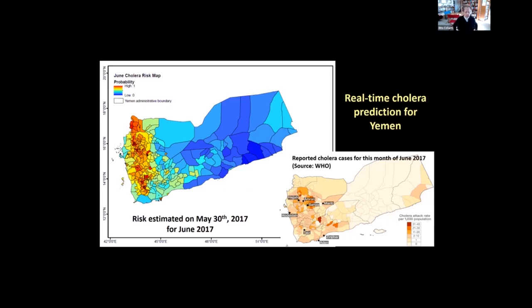The outbreak in 2017 was the worst cholera epidemic in history, really. Millions died. We again did the analysis retrospectively. The risk map is on the left, blue and red, and then the actual cases on the right. Now, this was picked up by the British Aid Agency in January of 2018.